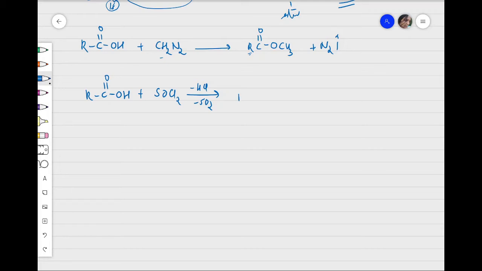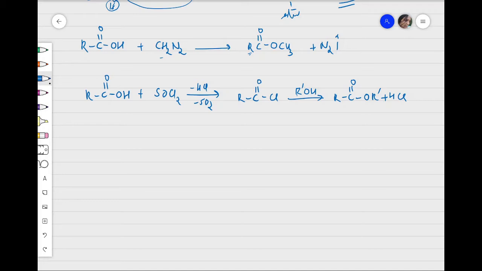You will get the corresponding RC double bond O Cl. This is my acid chloride. This will react with another ROH, an alcohol, and it will give me RC double bond O OR dash. So this is how we make esters through the acid chloride route.